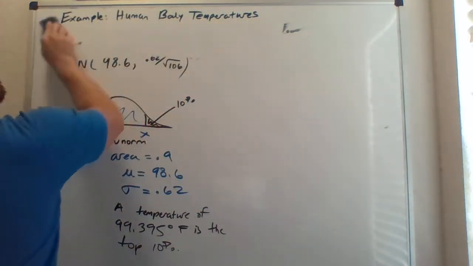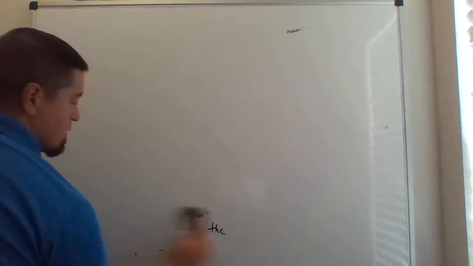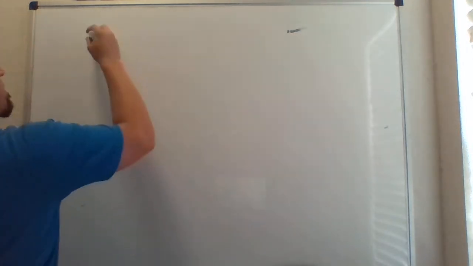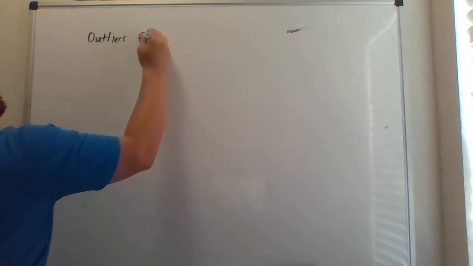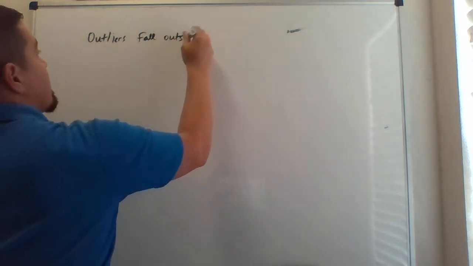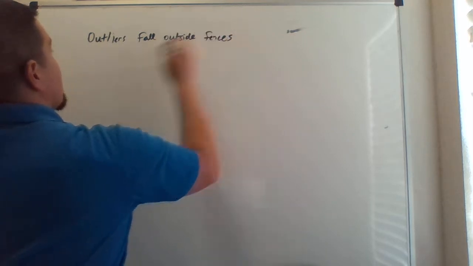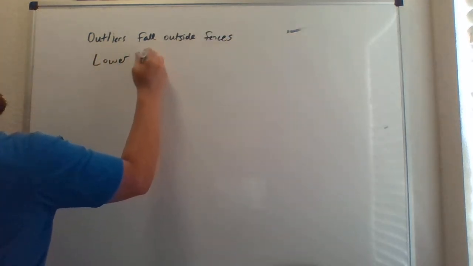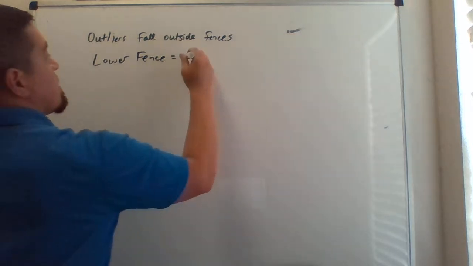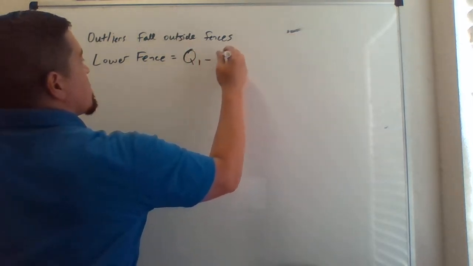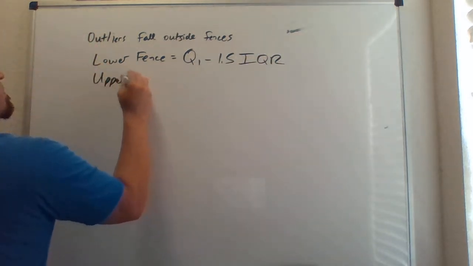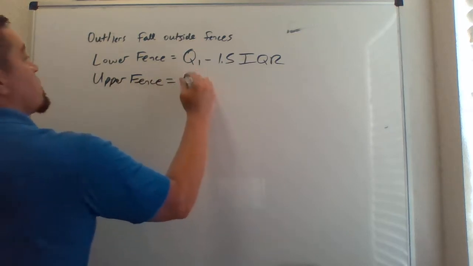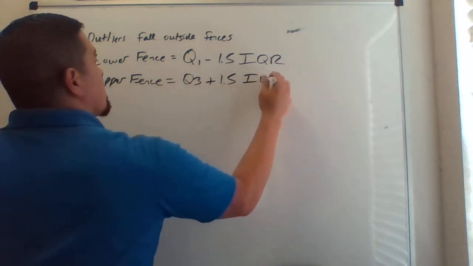Okay, so outliers fall outside the fences, and the lower fence equals Q1 minus 1.5 times the IQR, and then the upper fence equals Q3 plus 1.5 times the IQR.